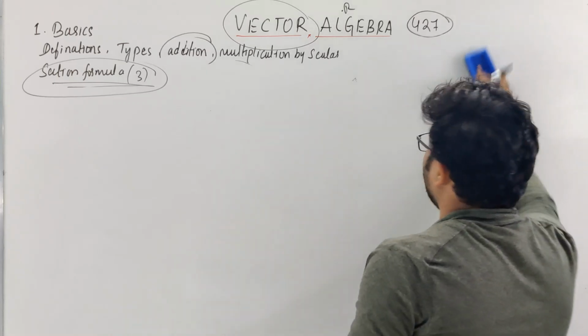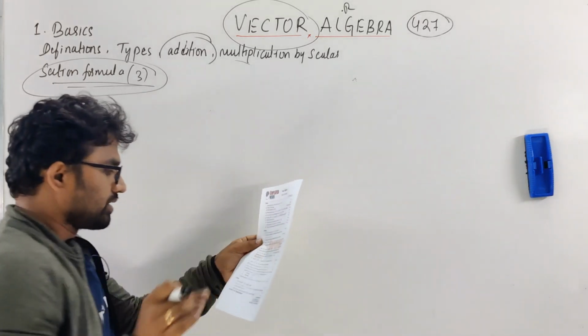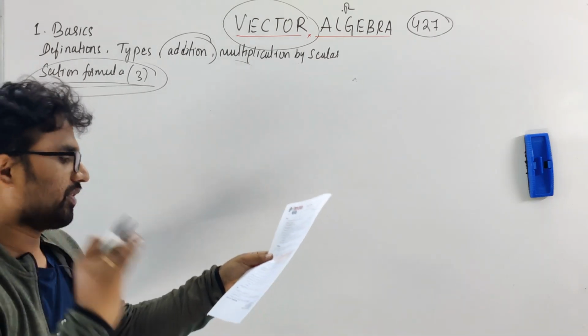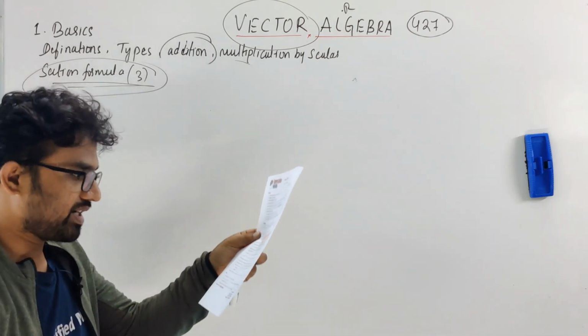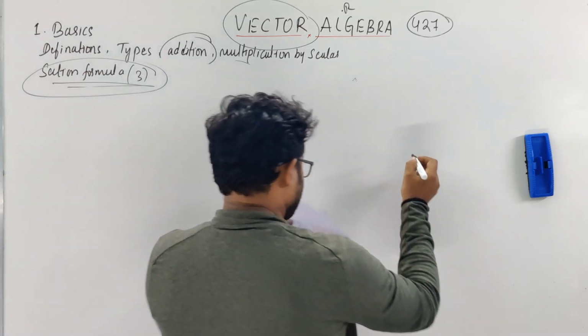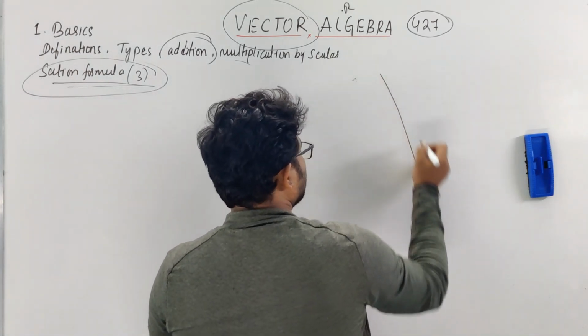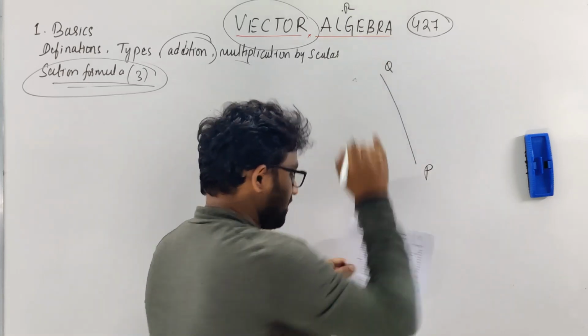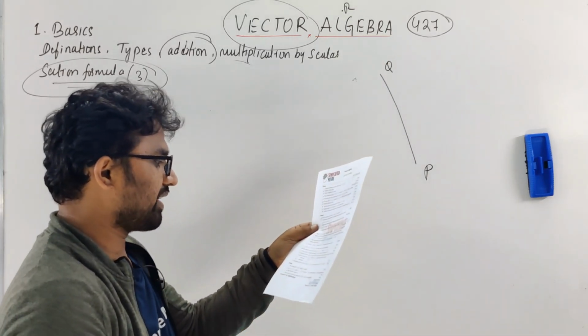Don't worry. ಈಗ ಕ್ವಶನ್ ಏನಿದೆ ಅಂದ್ರೆ, find a position vector R which divides a line joining points P and Q, same diagram P and Q, in the ratio, whose position vectors are given by.